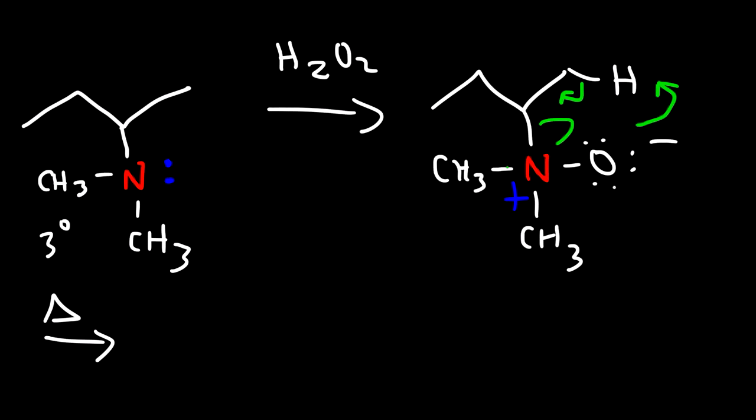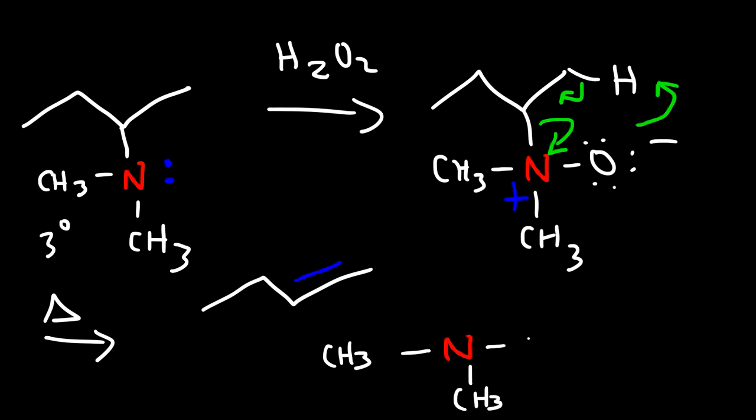And so this reaction will proceed by means of a 5-membered cyclic transition state. And so we're going to get an alkene, 1-butene, and then the nitrogen now has 2 methyl groups and an OH group with a lone pair.